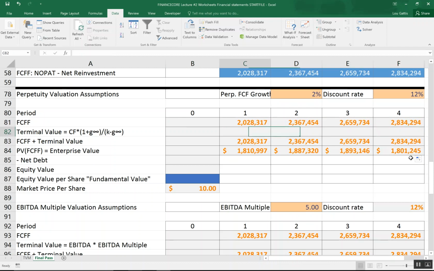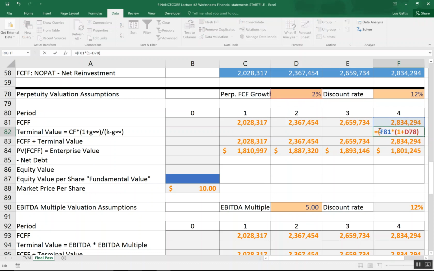So we're going to put in a terminal value. In other words, we're going to put a value right here, which is the value of all the cash flows from year 5 till infinity, assuming the firm is a going concern and never goes away. So we're going to take that last cash flow in year 4, 2.8 million, and increase it by multiplying times 1 plus my terminal growth rate of 4%. So now that $2.89 million is the cash flow in year 5.